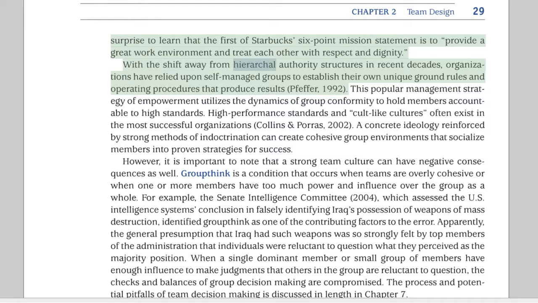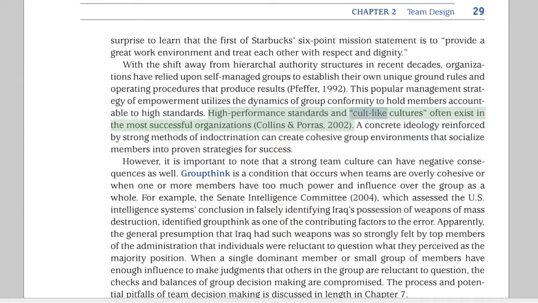With the shift away from hierarchical authority structures in recent decades, organizations have relied upon self-managed groups to establish their own unique ground rules and operating procedures that produce results (Pfeffer, 1992). This popular management strategy of empowerment utilizes the dynamics of group conformity to hold members accountable to high standards.